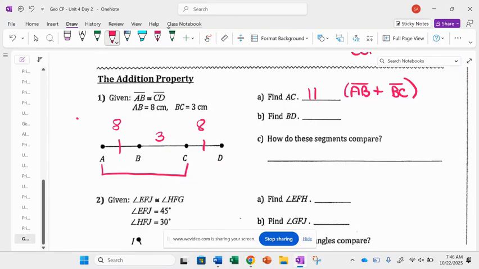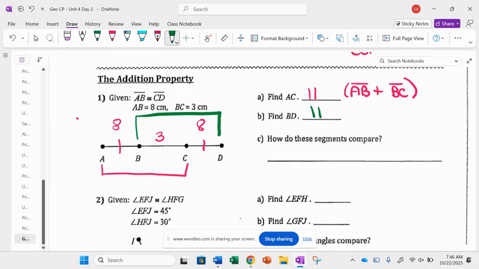All right, now they want us to find the length of BD. Can somebody tell me how long is BD? Jack? 11. Can somebody tell me what did we add to get the 11? Jay, what did we add to get the 11? Excellent. We added, oh, no, the other side now. We already got AC. So now we're finding BD.